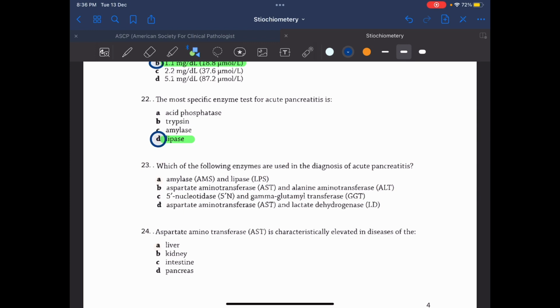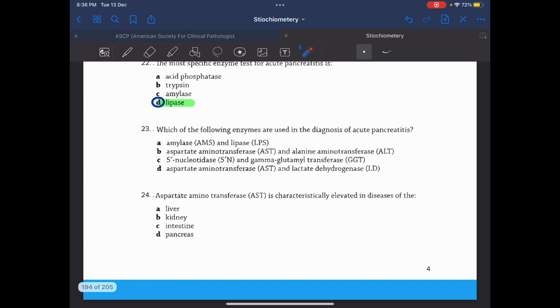Actually, both amylase and lipase are increased in pancreatitis, but lipase lasts a longer time. Because of this, it is the more specific enzyme for acute pancreatitis. Plus, amylase is sometimes increased in other cases.